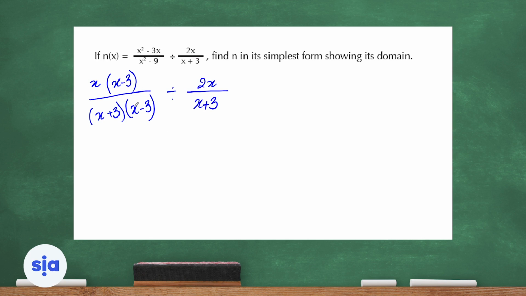Can I now cross out? No, wait, we need to find the domain first. So in this case, the domain is all real numbers except negative 3 and 3. And to divide fractions, remember very well the keep, change, flip that we talked about before. So we keep the first fraction as it is.